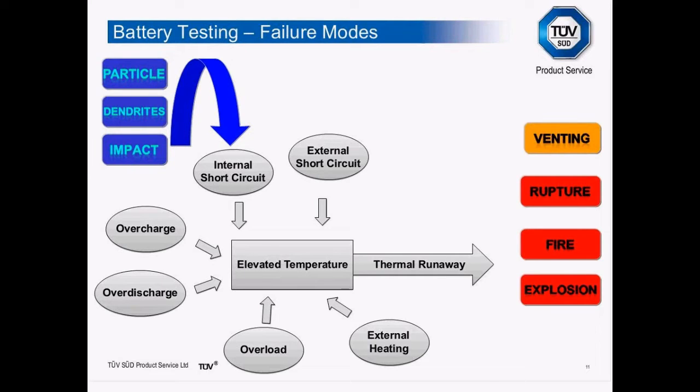and the cathode. Also, impact, which could be caused by crushing, which could occur if an electric vehicle is involved in an accident, or even something as simple as a mobile phone battery being dropped on the floor. Basically, this can disturb the inside of the cell and cause short circuits.